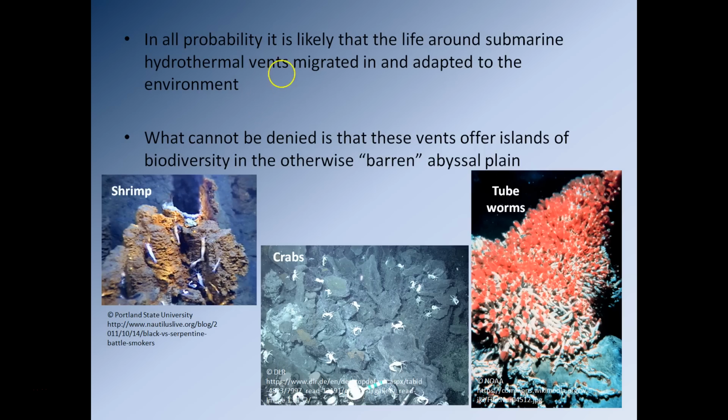What can't be denied, though, is that the hydrothermal vent environments do provide essentially islands of biodiversity in an otherwise pretty barren abyssal plain. So, the ocean floor around the hydrothermal vent is pretty devoid of life. However, the hydrothermal vents themselves are absolutely stuffed with organisms. So, they are a great place for life to live once it's formed.